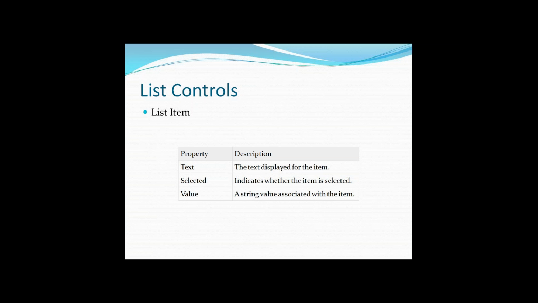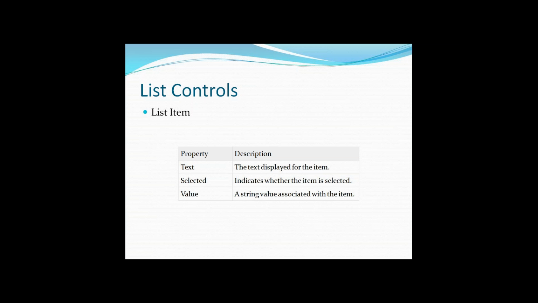So think that there are two students in my class with the name Sai Krishna. If I have only one property associated with that given list item, then I can't differentiate which Sai Krishna got selected, right? So instead, I can display Sai Krishna with his name as text, and every student will have an identifier or ID associated with him.